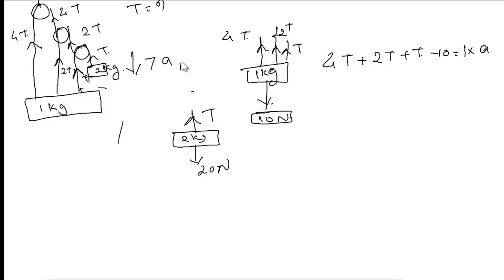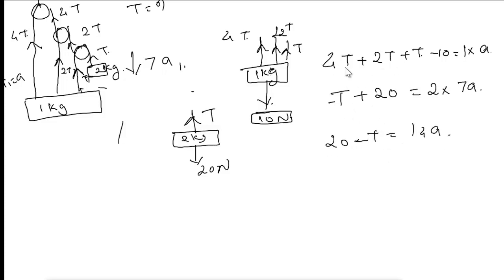Next, for the 2 kilogram mass, T is acting in the upward direction, so I'll consider it as minus T because the acceleration is downward. Minus T plus 20 equals 2 into the acceleration, which is 7a, since I am considering A1 as A. So we get 20 minus T equals 14a.